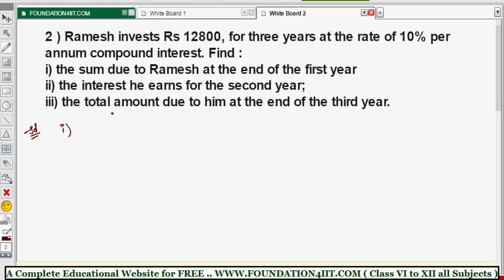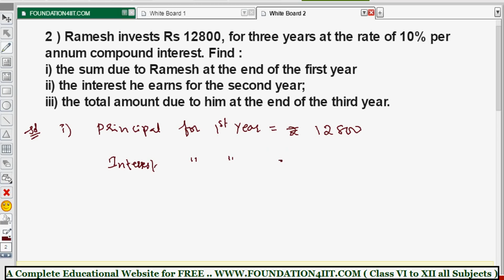So we will do the first part. Principal for the first year is the investment amount, rupees 12,800, right? Now interest for the first year. You have to mention the years clearly.